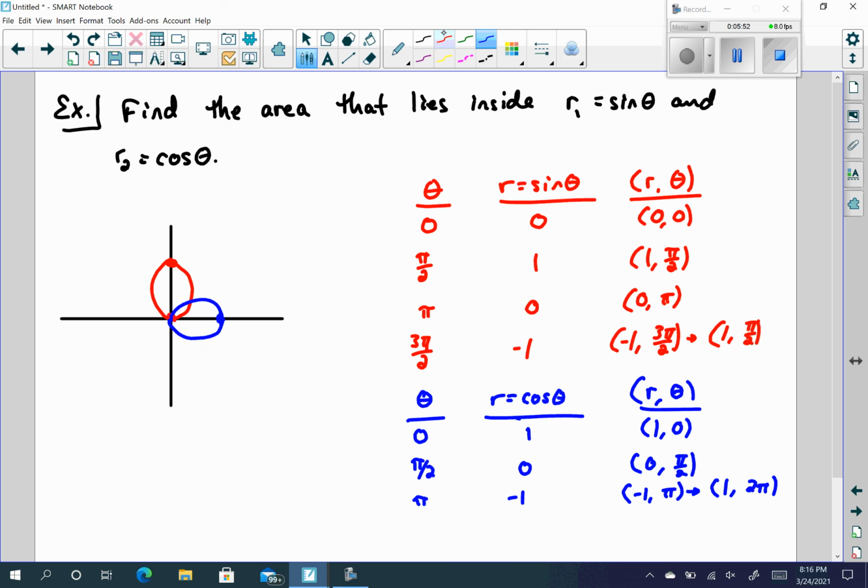So we just have two circles. So this is r is equal to sine theta. This is r is equal to cosine theta. So we need to find where these two curves intersect.